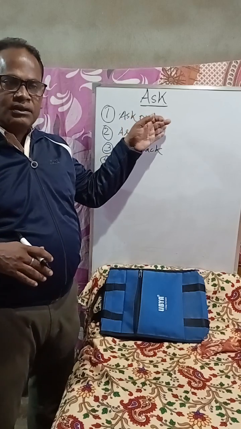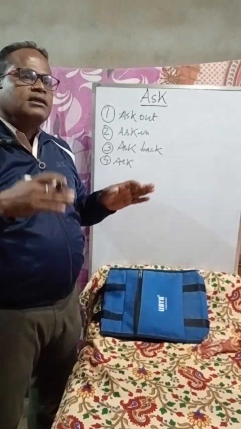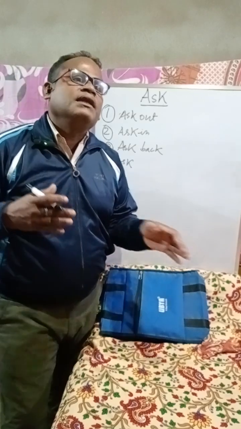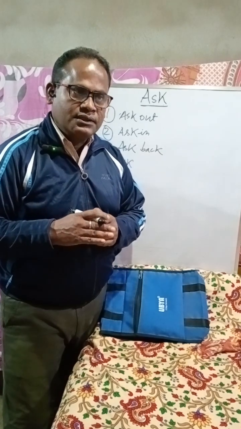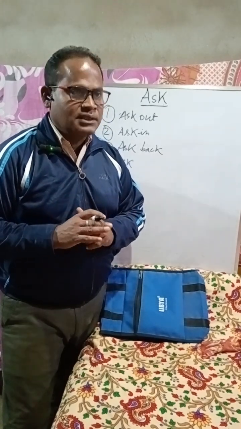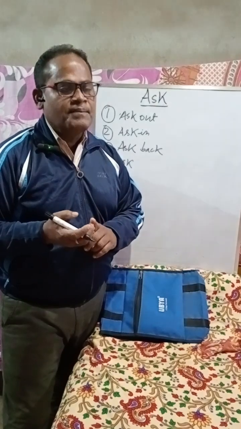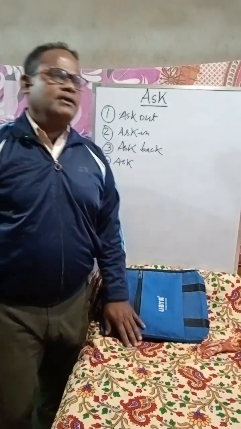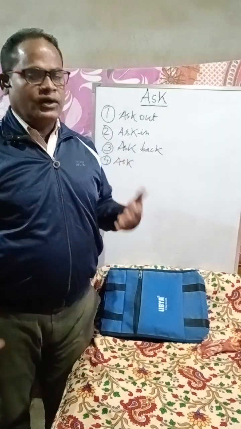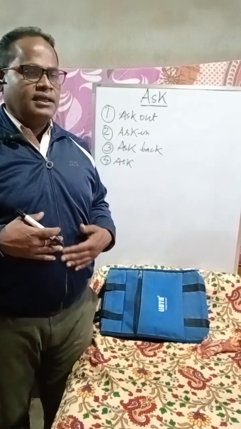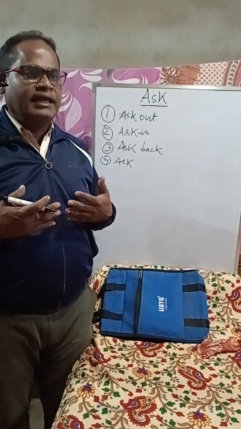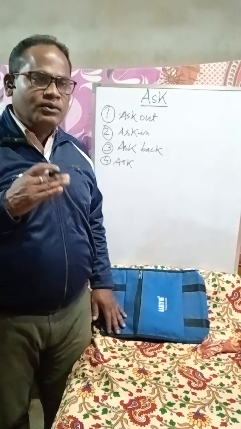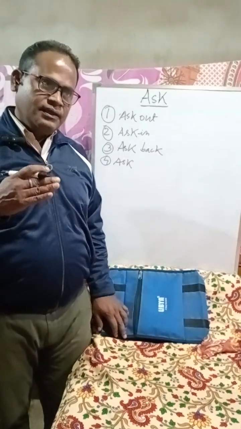If you are asking someone out, what the meaning of ask someone out is, is when you want someone to go on a date with you. Then you ask that particular person out. In America, suppose a boy likes a girl. He is actually willing to make the girl go with him on a date.